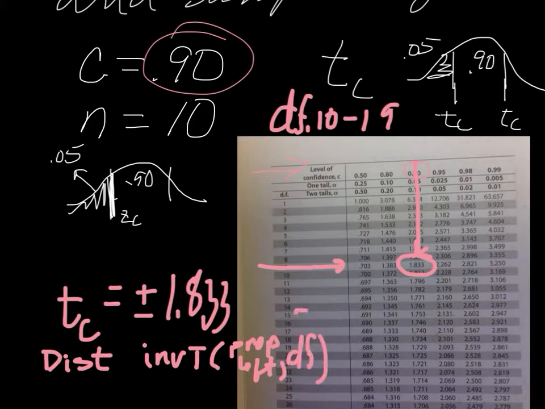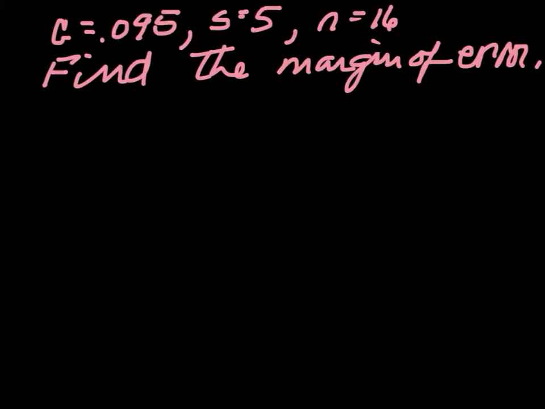So for our problem, the degrees of freedom is 9, and the probability to the left, since it's a 90% confidence interval, is 0.05, and you put a comma between those. If you do the inverse T, it gives you negative 1.833. So it gives you exactly the same value as the table. And that's how you find a critical value with a T distribution, using the table or using the calculator.